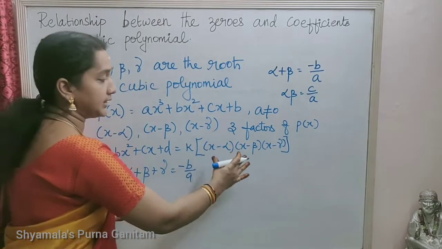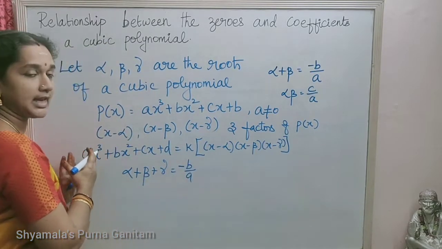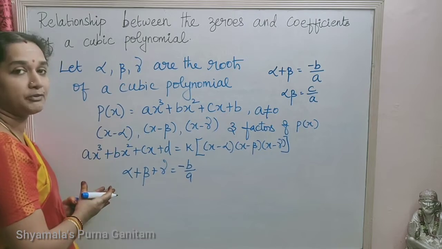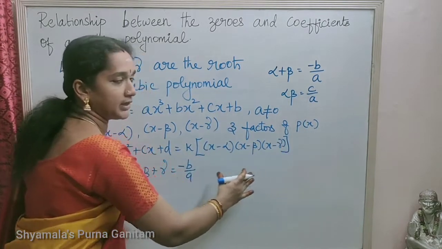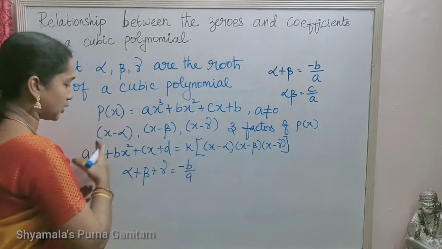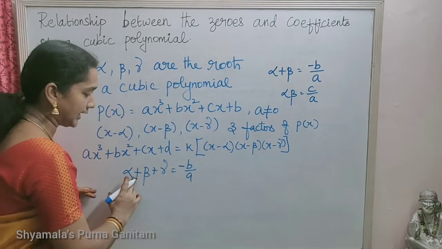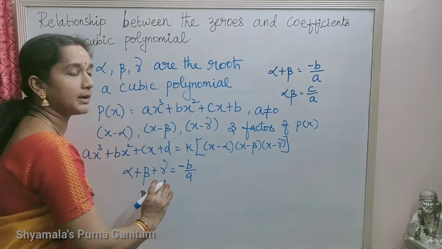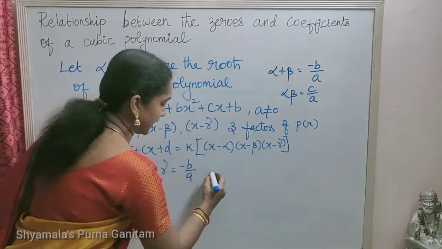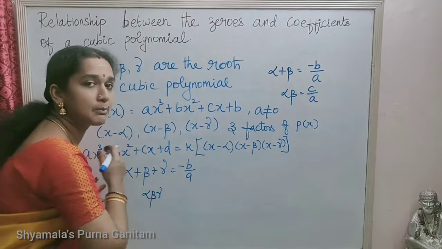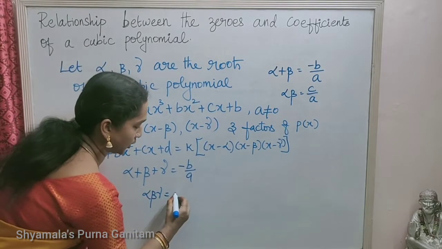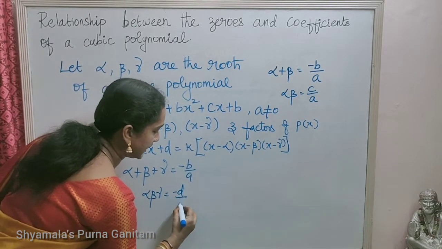When you simplify this and compare the x cube term, you get alpha plus beta plus gamma is equal to minus b by a. This is the sum of the roots, and the product of the roots, alpha beta gamma, is minus d by a.